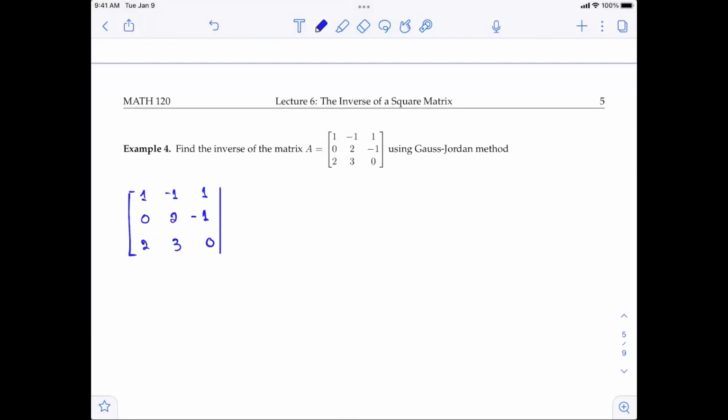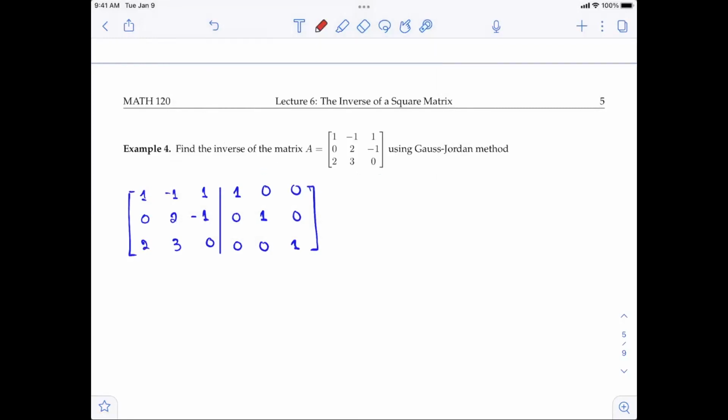And a big vertical line, and on the right of the vertical line is the 3x3 identity matrix: 1, 0, 0, 0, 1, 0, 0, 0, 1. Okay, so you have a leading one in the first row already, which is good. Now that means the entries below this leading one have to be equal to 0. This is 0 already, so we're good.